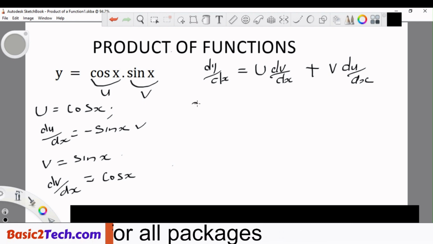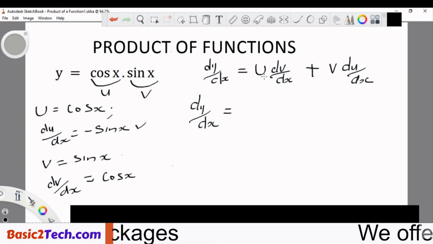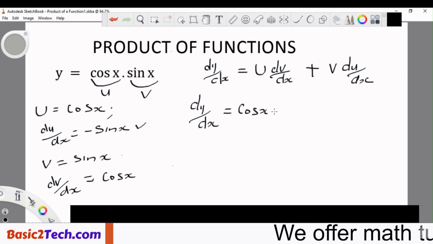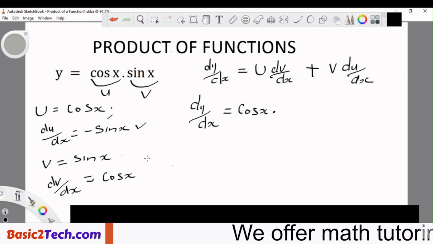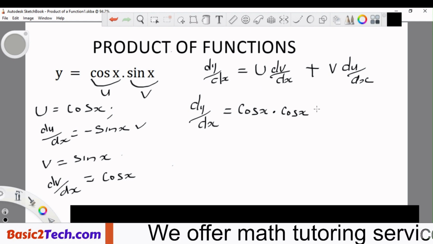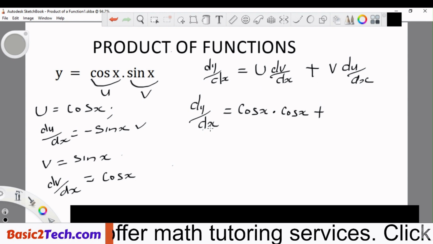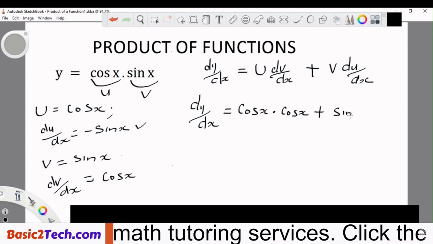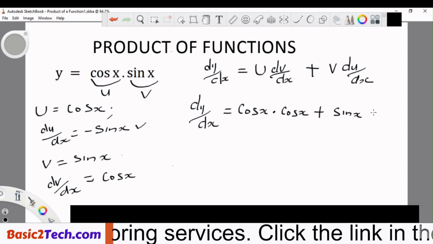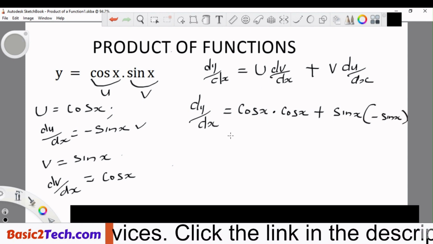So therefore, dy/dx will be equal to my u is cos x, so I have cos x times dv/dx, which is cos x, plus v, which is sin x, and du/dx is negative sin x.